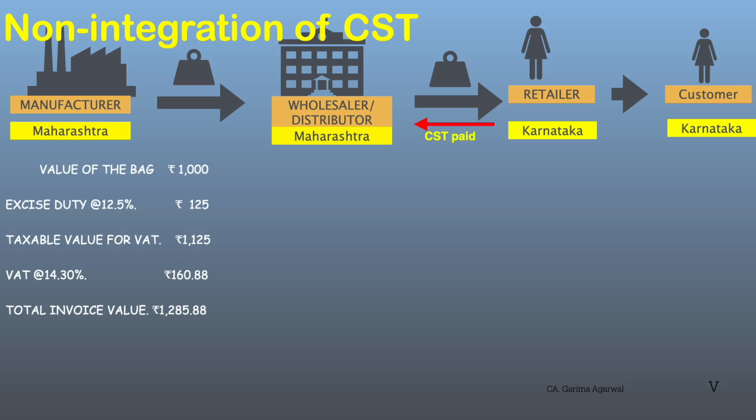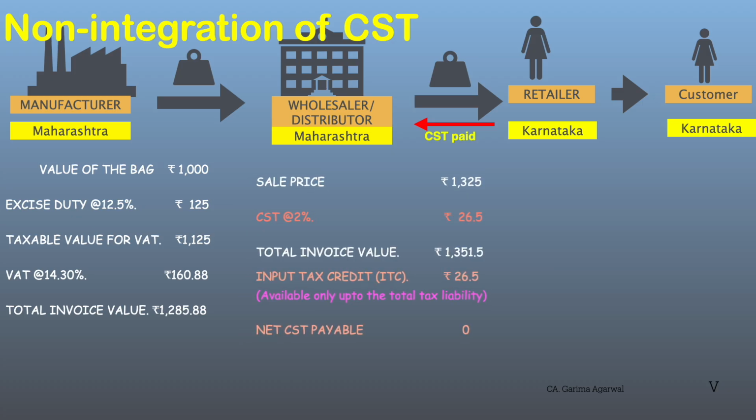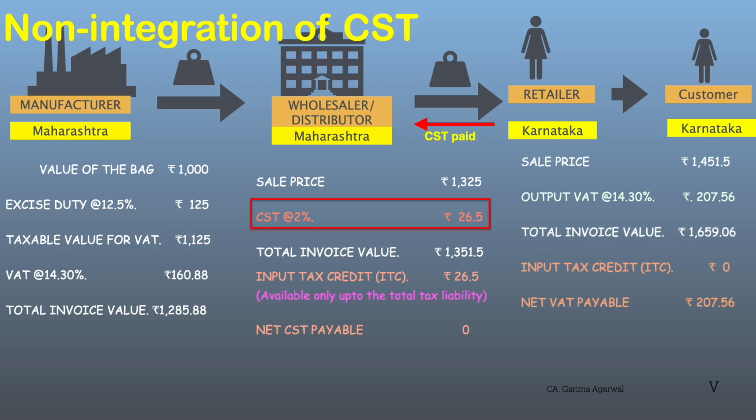Now let's see how. In the same example, under the old regime, if the distributor who is in Maharashtra now sells the bag to a retailer who is in Karnataka and not Maharashtra as it was in the earlier example, it will have to charge central sales tax, that is CST, at the rate of 2%. Now this tax, that is CST, is basically collected and retained by the originating state, that is the state from where movement of the goods commenced, that is Maharashtra in this case.